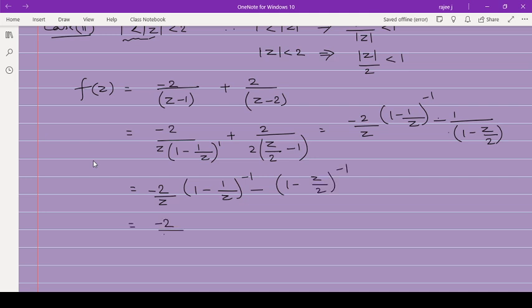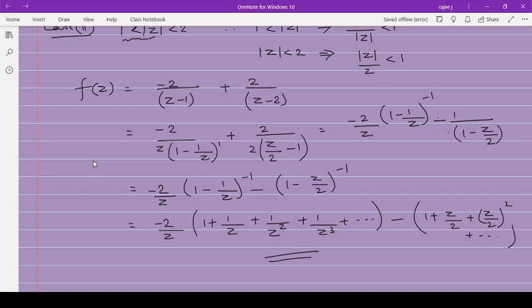So minus 2 by z into 1 plus 1 by z plus 1 by z square, or 1 by z the whole square, plus 1 by z cube plus etc. Minus here also 1 plus z by 2 plus z by 2 square and so on. Okay, so this is case 2.